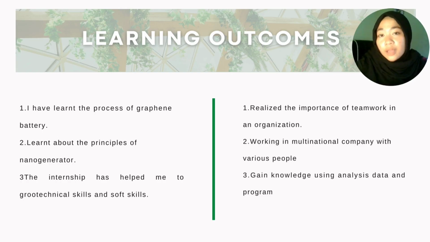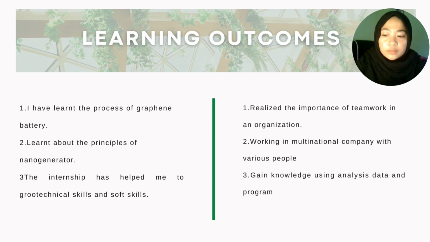This is what I got from my industrial training at Renewable Energy Lab: I learned the process of making smart graphene batteries. I also learned the principles of the nano generator, and both projects are really related to physics. This internship also helped me improve my technical skills and my soft skills.